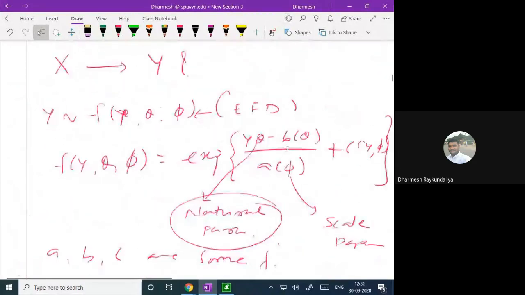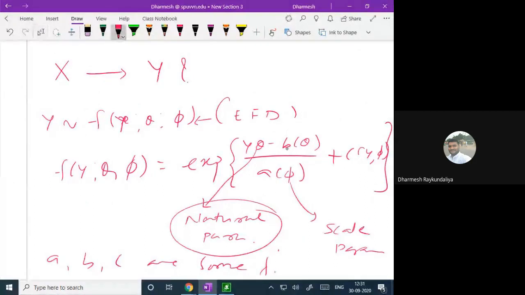So instead of considering an individual distribution, we consider y having an exponential family of distribution.